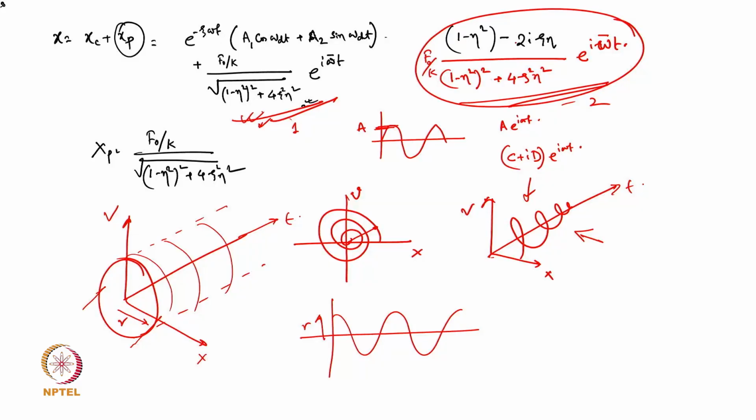Once we do that, we can also write this portion as tan inverse 2 xi eta divided by 1 minus eta square. That is my phase angle.